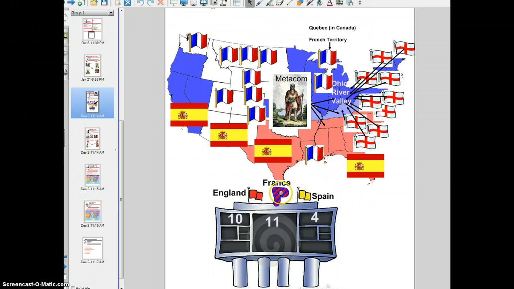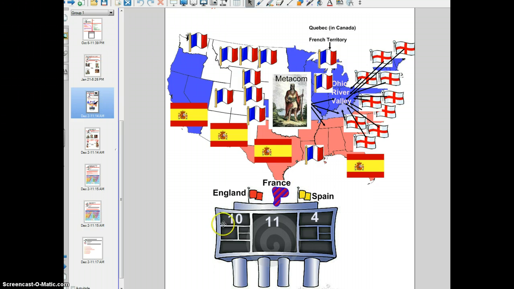France, we'll get to in a moment, but Spain, you can see across the southwest and the southern part of America, really 4 large areas: what is now Texas, what is now Florida, Southern California, and what is now New Mexico and Arizona. So they have a large or a vast area of land as well.